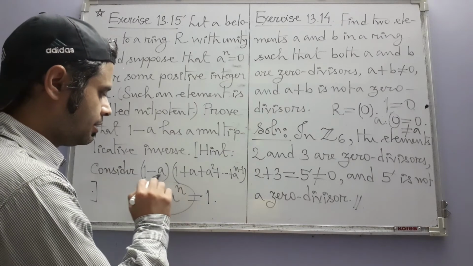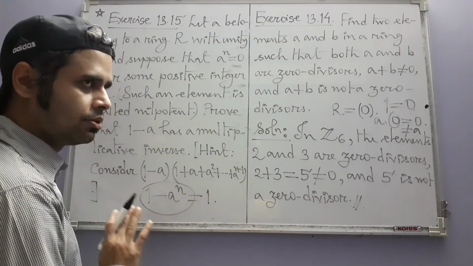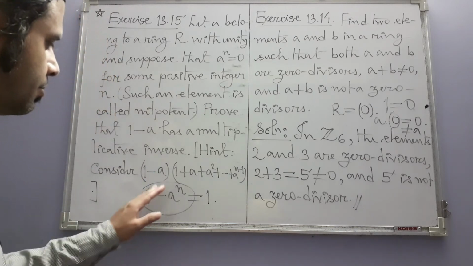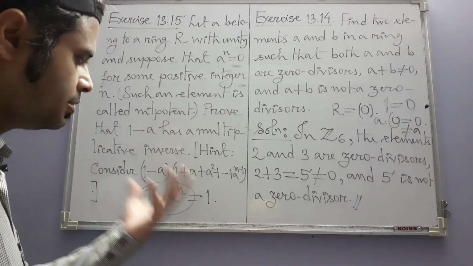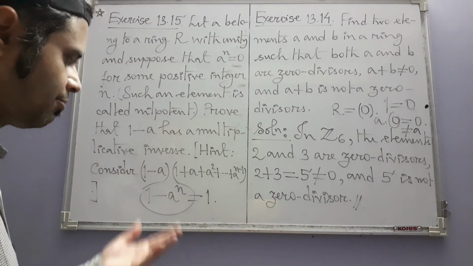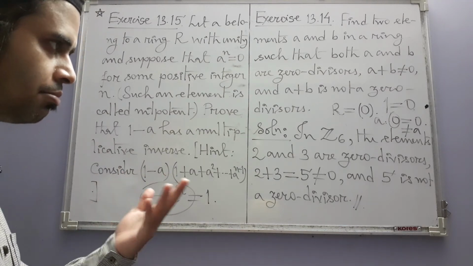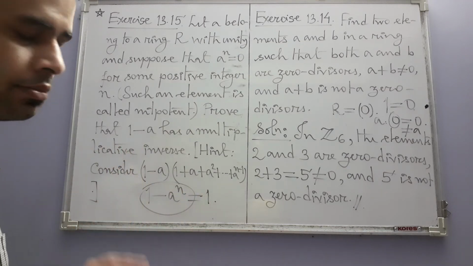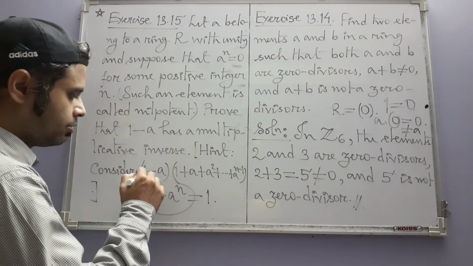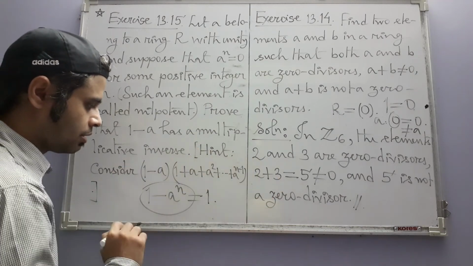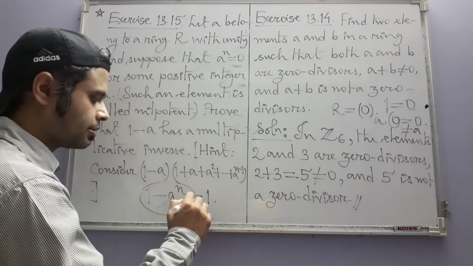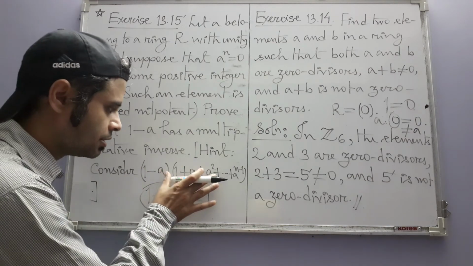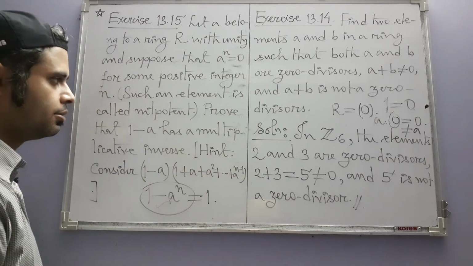So I was hesitating here, but here we don't have any problem because, as far as I remember, the unit element in this text has been defined to be a non-zero element which behaves like the ordinary number 1. So you go through this calculation, you get 1, and that is why 1 minus a has a multiplicative inverse, which is this, and that's why it's a unit.